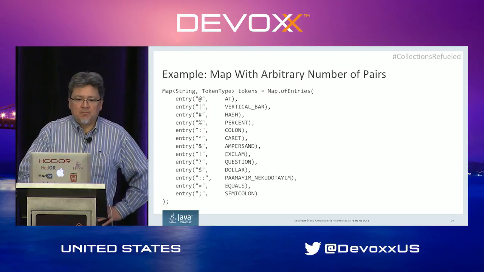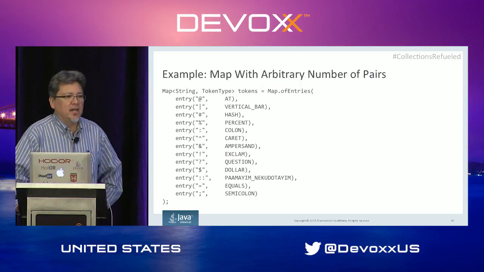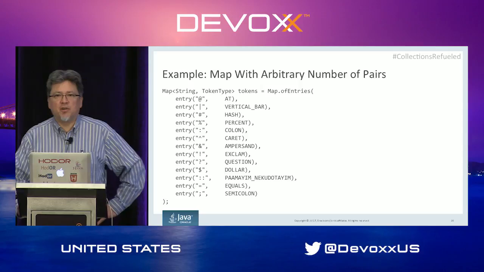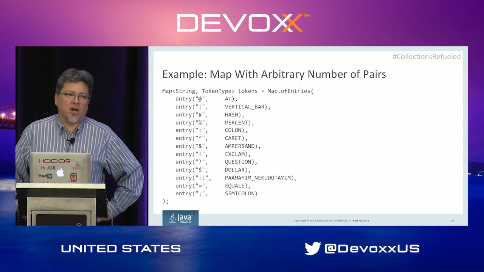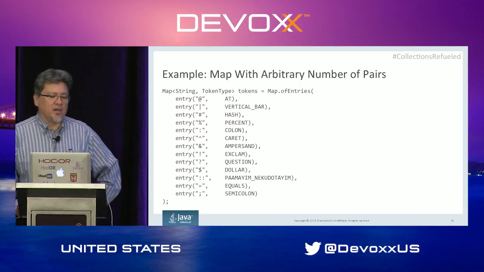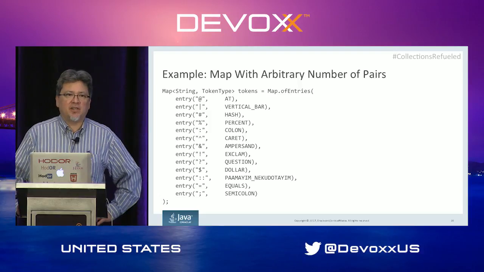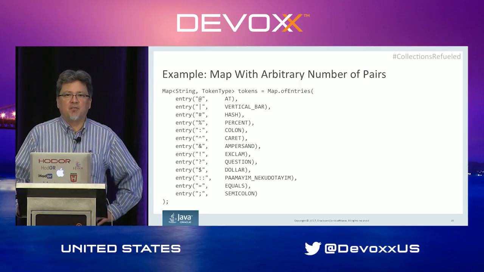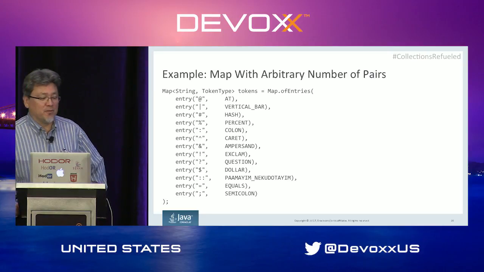So there's a variation here, which is if you wanted to create a map with an arbitrary number of pairs, then you have to switch over to this Map.ofEntries method, which takes a varargs parameter of map entries. Creating a map entry can be kind of complicated, because the most common implementation of Map.Entry is AbstractMap.SimpleImmutableEntry, which is quite a mouthful.